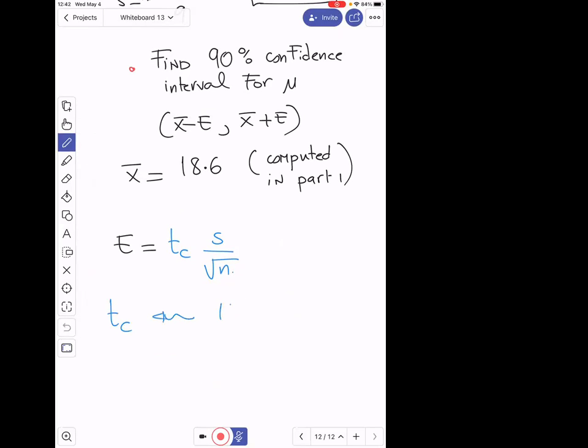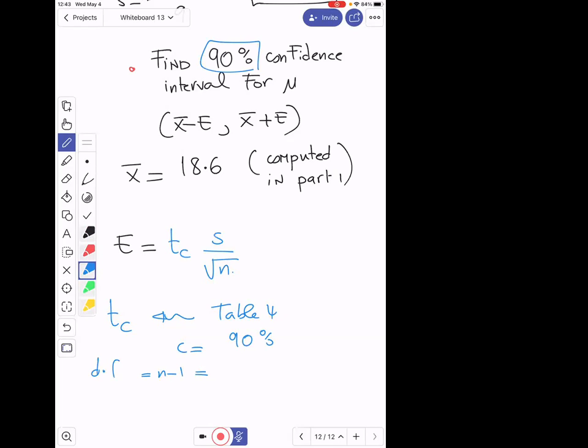As we said, we need to use table 4. Our confidence level c is 90% because we need a 90% confidence interval. But then with this table 4, you need n minus 1, which is called the degrees of freedom.